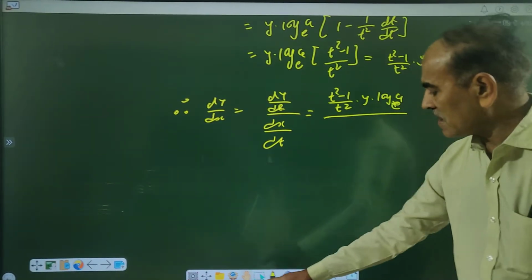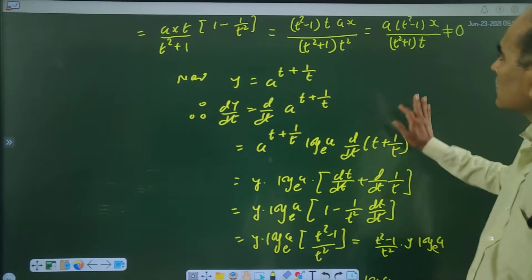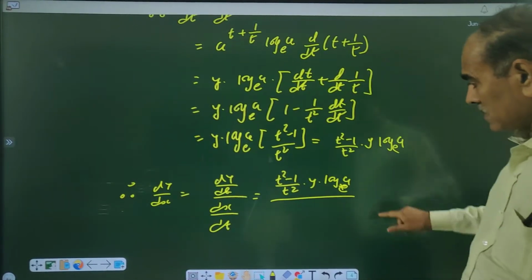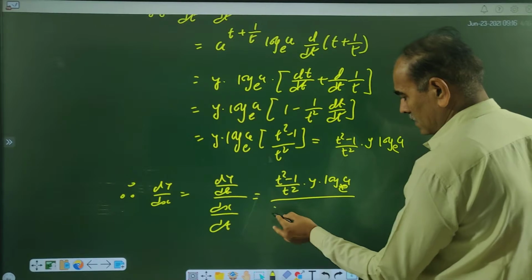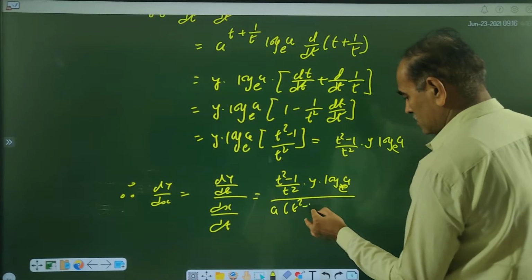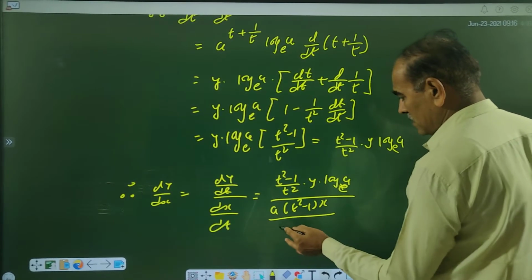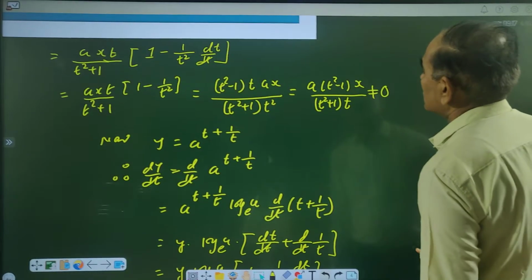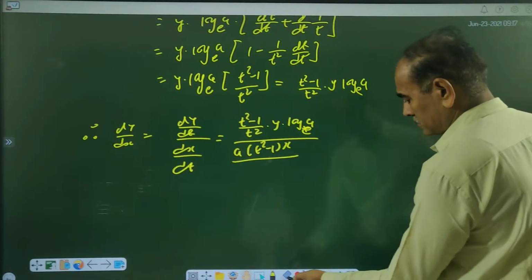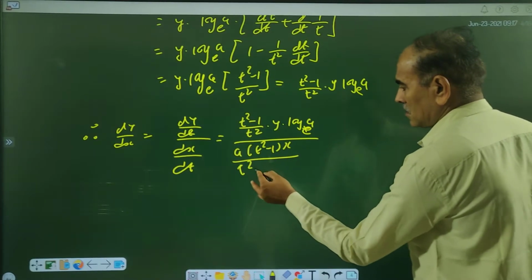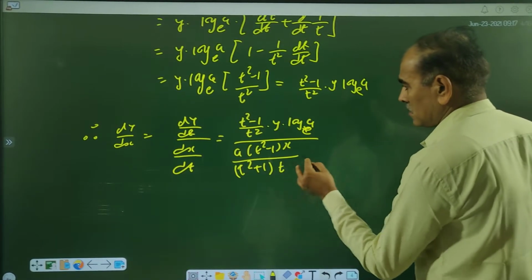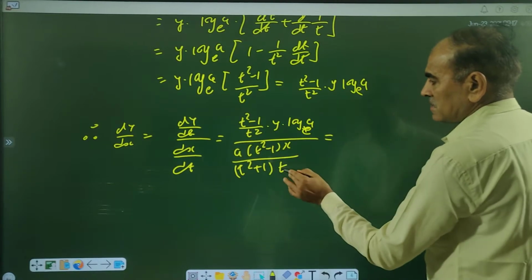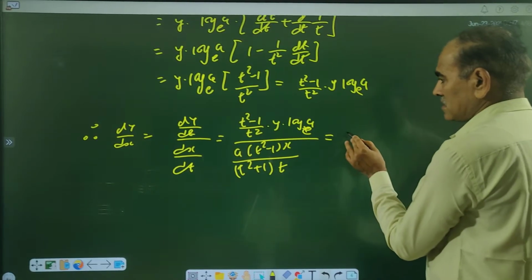Now what is dx by dt? a of (t square minus 1) into x over (t square plus 1) into t. The (t square minus 1) terms cancel, and 1 by t cancels.